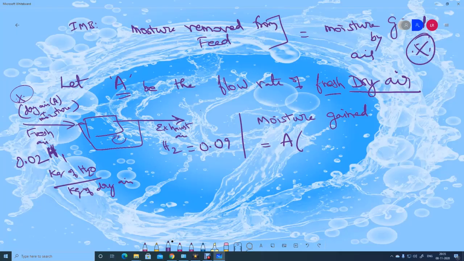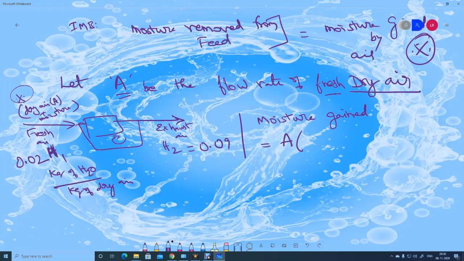Let us say 10 kg per hour of dry air is entering, the exhaust air will contain 10 kg of dry air. That is the steady state condition. At steady state, whatever is the amount of dry air entering, the same amount of dry air will be leaving. So that amount we consider to be A, the flow rate of fresh dry air.